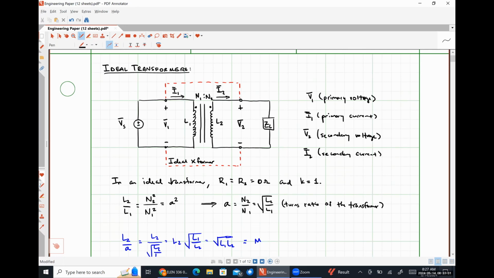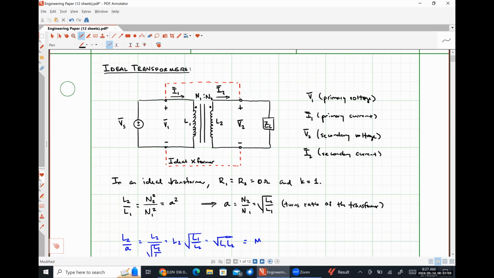And I'm saying that because the current I1 is flowing into the positive polarity terminal of the voltage V1. And then coil two is supplying some amount of power to our load, the L. So that overall, the purpose of this system is for the voltage source Vs to wind up supplying some amount of net power to our load.